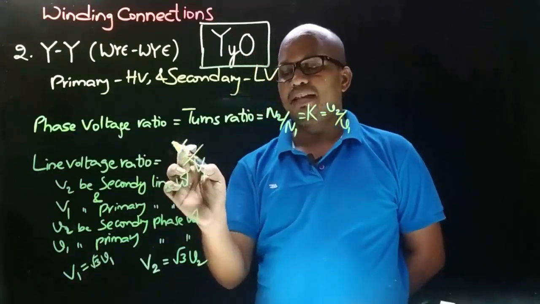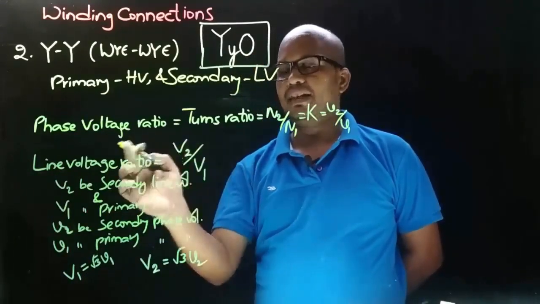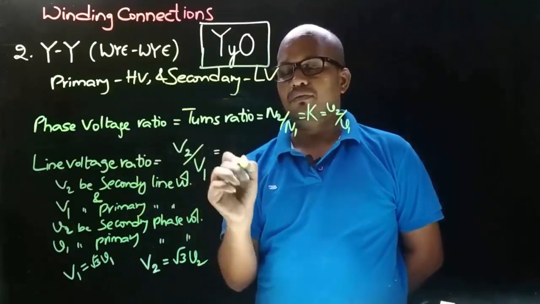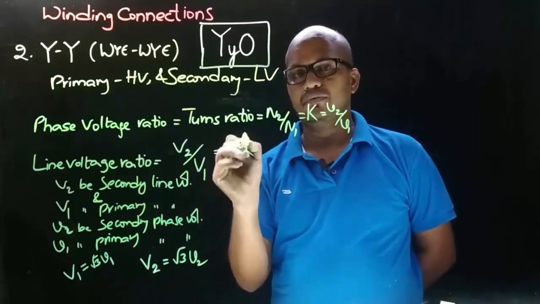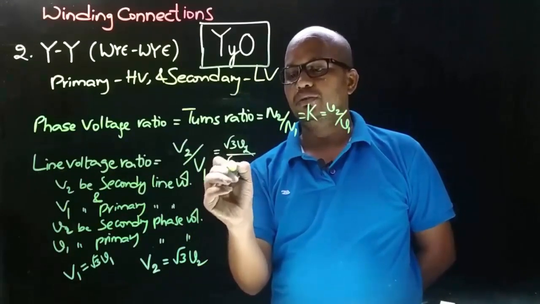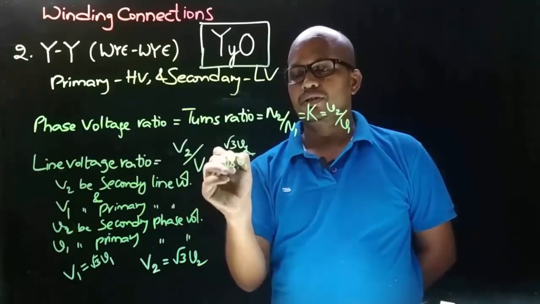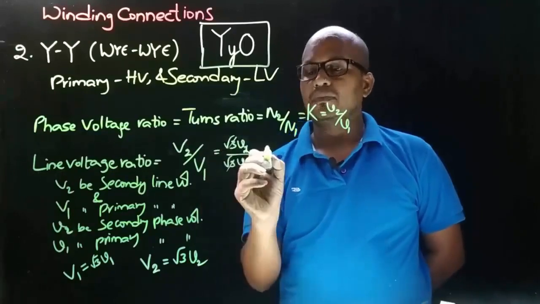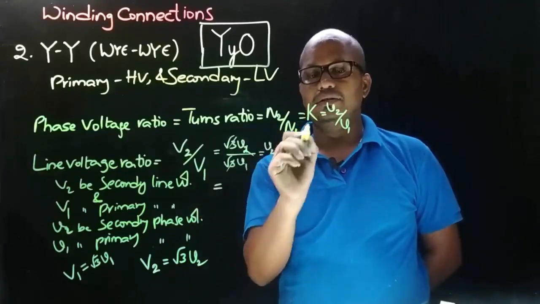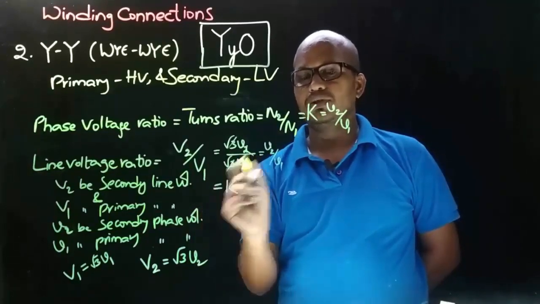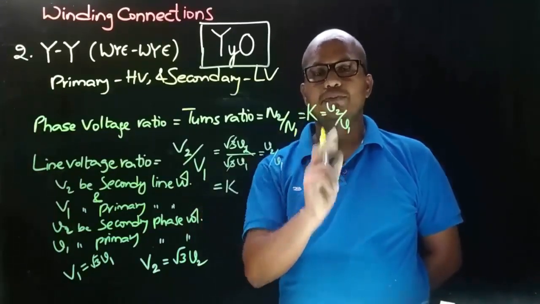Now replace capital V2 and capital V1 in the line voltage ratio with phase voltage relations. So it is equal to root 3 times small v2 divided by root 3 times small v1. So root 3 cancels, and it is equal to small v2 by small v1, which is equal to K.